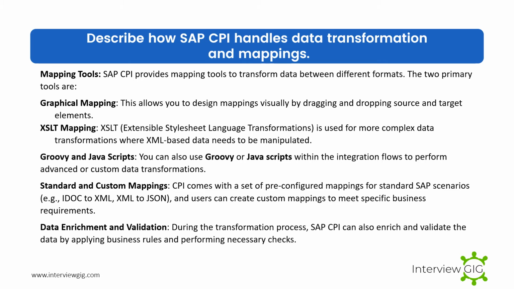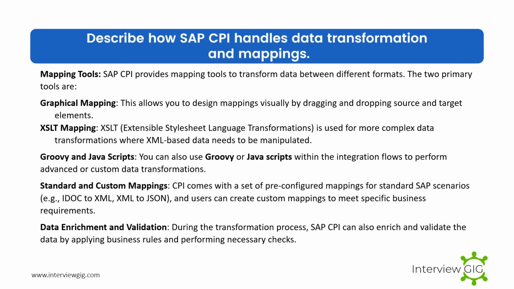Describe how SAP CPI handles data transformation and mappings. Mapping tools. SAP CPI provides mapping tools to transform data between different formats. The two primary tools are: 1. Graphical mapping. This allows you to design mappings visually by dragging and dropping source and target elements. 2. XSLT mapping. XSLT, Extensible Stylesheet Language Transformations, is used for more complex data transformations where XML-based data needs to be manipulated.